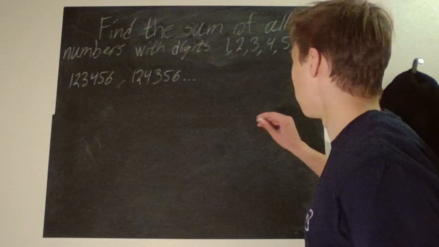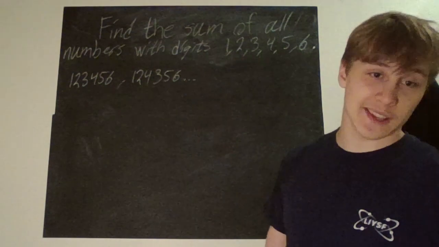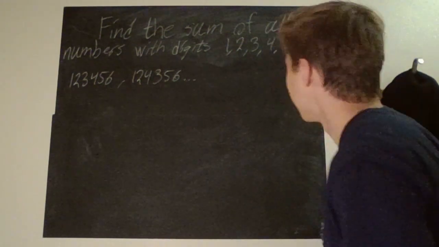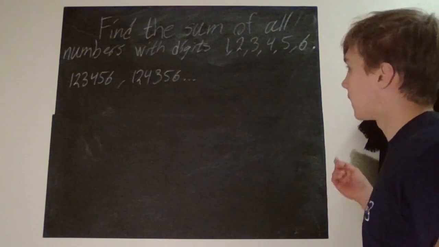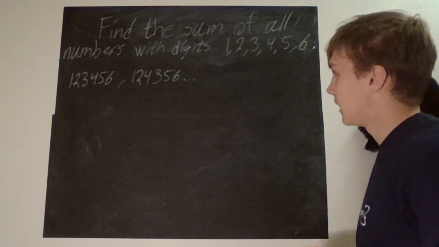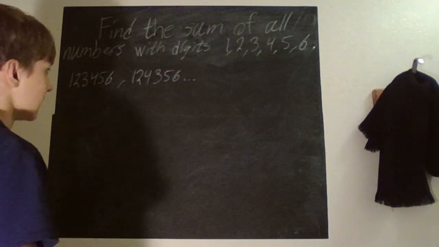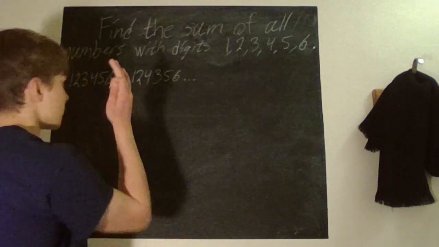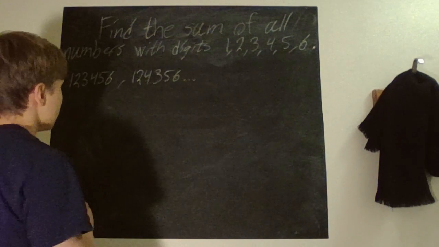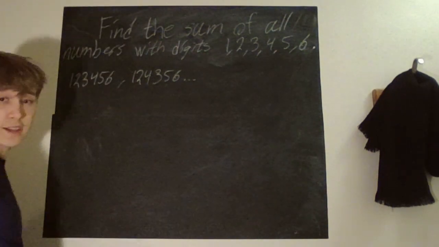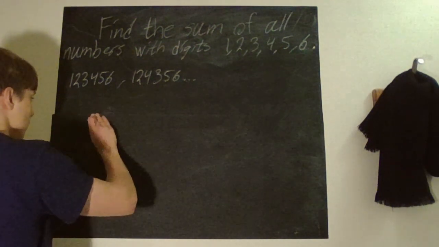So how do we do this? We start by just thinking about the first digit. That's all we do. In how many cases is there a 1 in the first place?